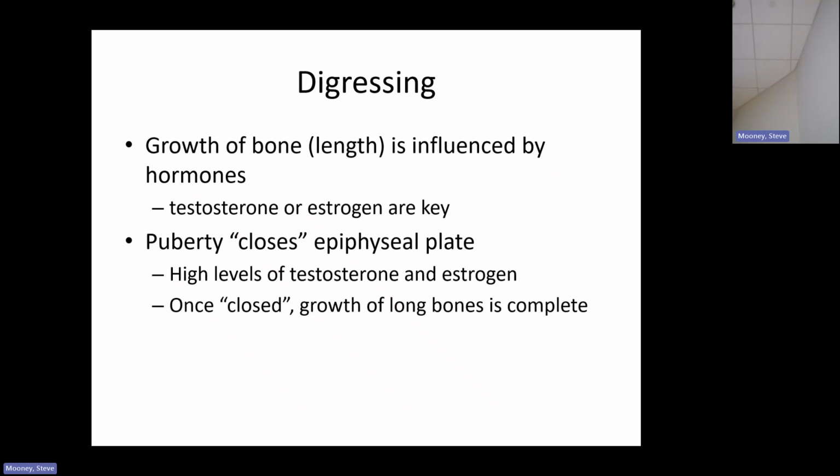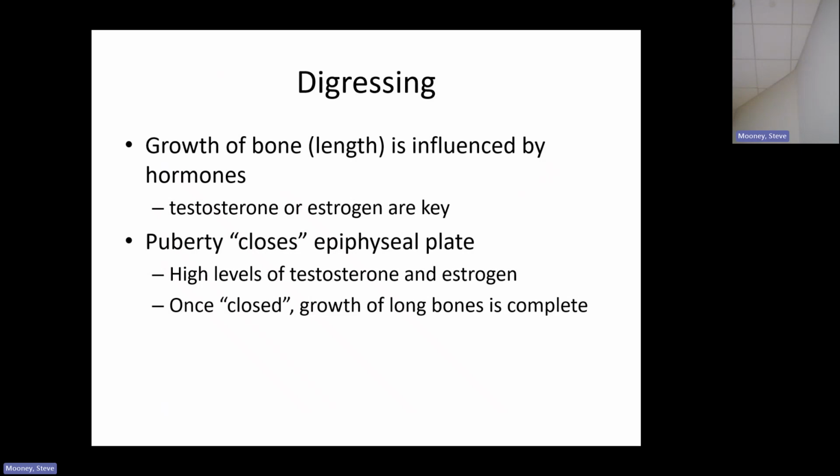Digressing for a moment, your epiphyseal plate closes when you go through puberty. You'll get a spike of estrogen or testosterone at some point at puberty, and you're as tall as you're going to be.